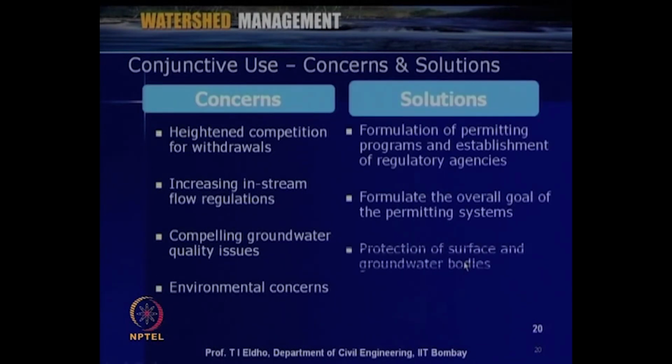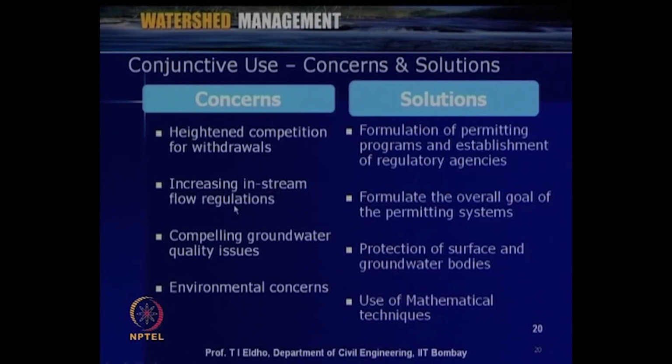Now let us see what the major concerns are when we go for conjunctive use, and what their solutions are. For example, as far as surface water or groundwater is concerned, there is heightened competition for withdrawals between the stakeholders, depending upon the area or watershed. The solution is that we can formulate permitting programs and establish appropriate regulatory agencies and water user groups, so that the problems can be reduced.